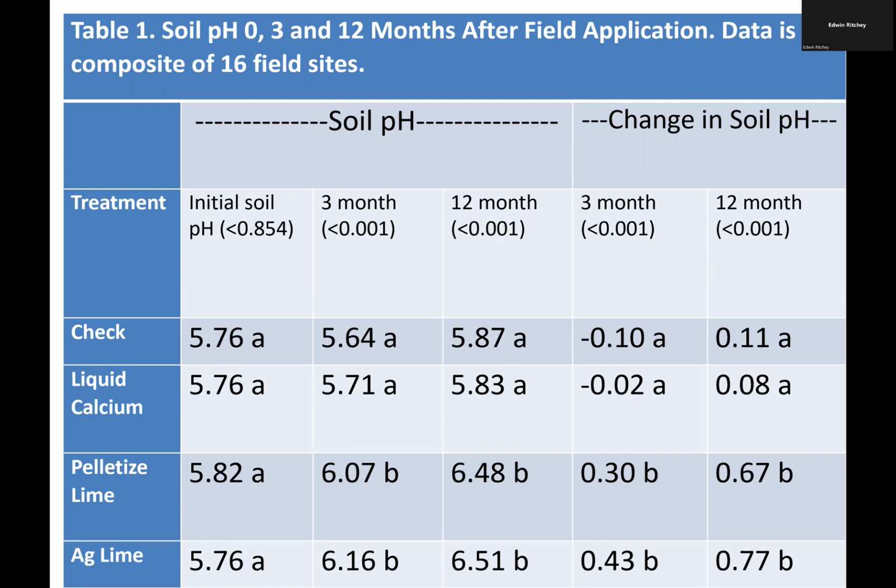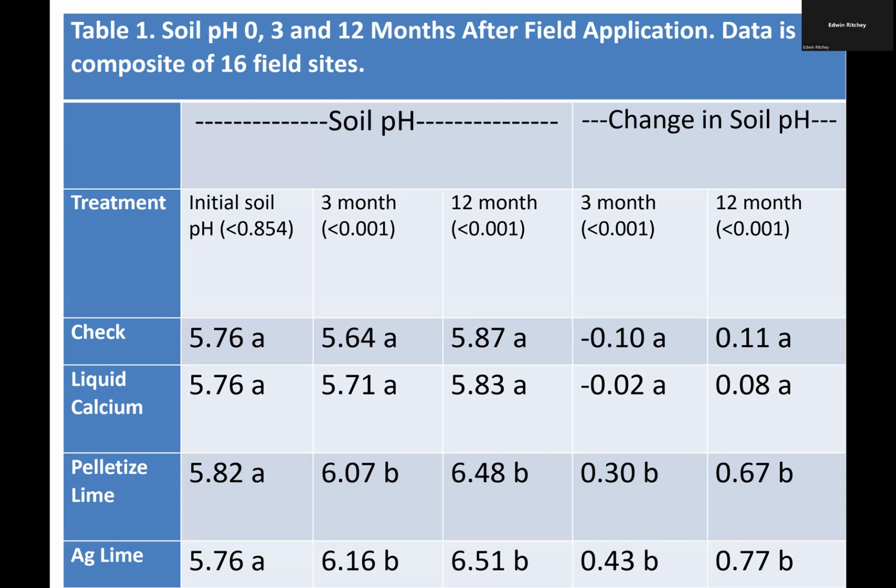But even 3 months out, we started to see a slight increase in the pH with the pelletized lime and ag lime. A year out, we had a little bit of an increase with the check and liquid calcium, but that was more due to seasonal variation.